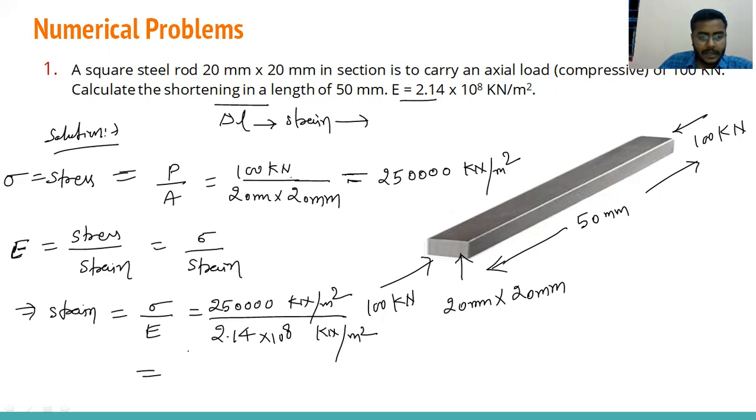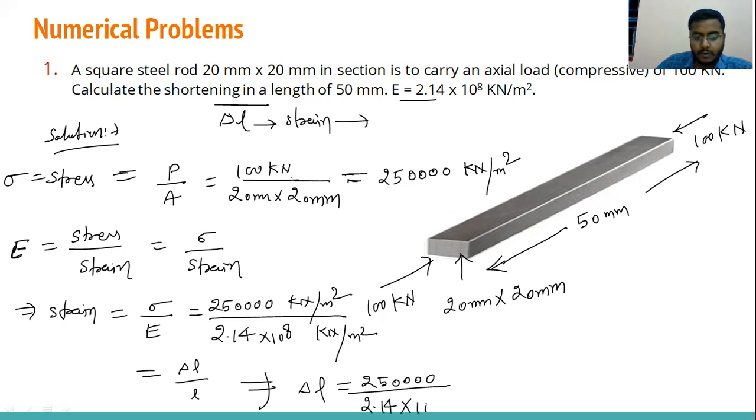Then strain we can write as delta L by L, and we have to calculate delta L. So we can write 2540 divided by 2.14 10 to the power 8, into the length.